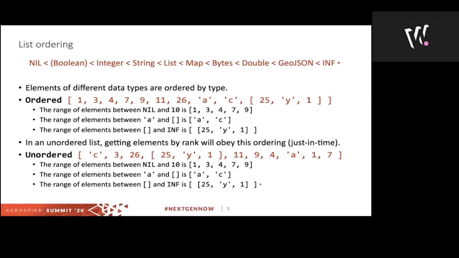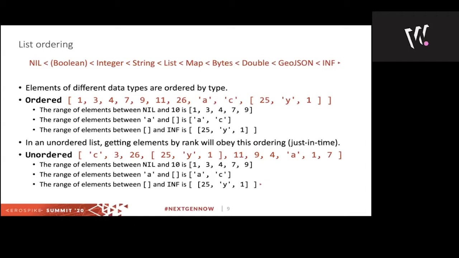So the range between A and empty list gives you A and C. And the range of elements between empty list and infinity, again a singleton that is not really a value but more like an ordering-related thing, is the list that includes 25y and 1. There's only one element really there because the empty list is to the left of all the list elements and to the right of all the string elements. And then infinity is basically the end.